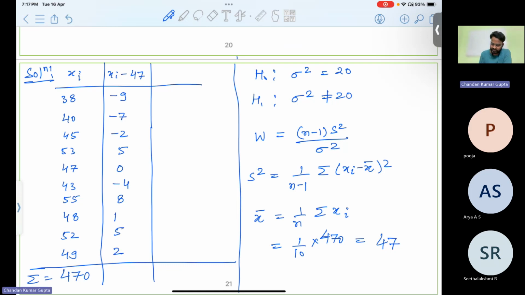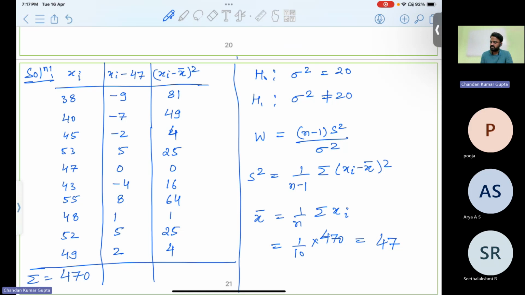Now (xi minus x bar) whole square: 9 square is 81, 7 square is 49, 2 square is 4, 5 square is 25, 0, 16, 64, 1, 25, 4.